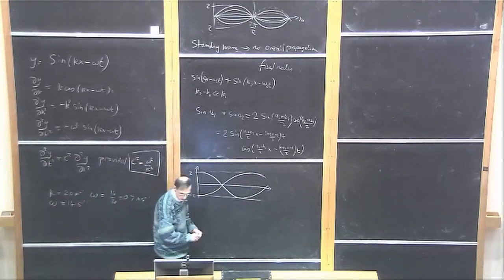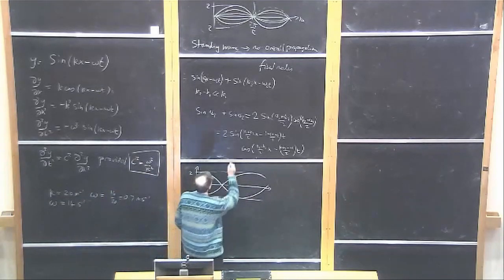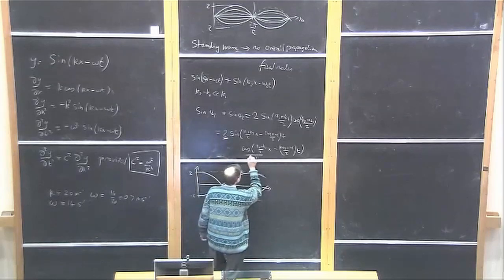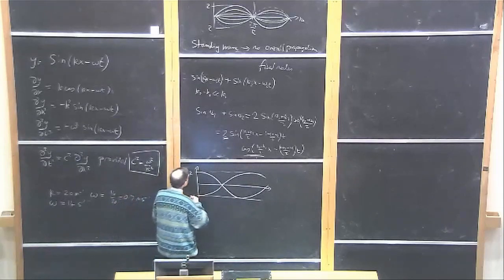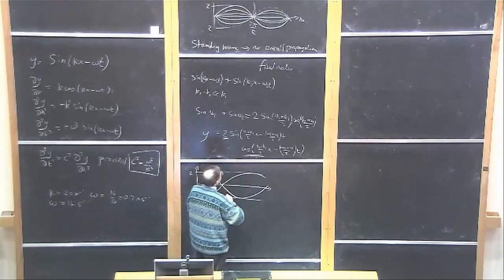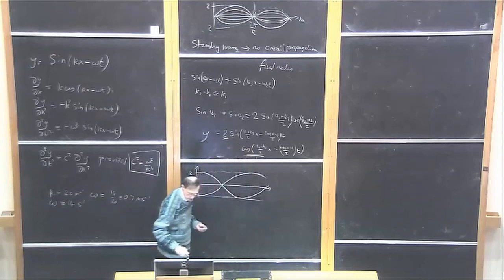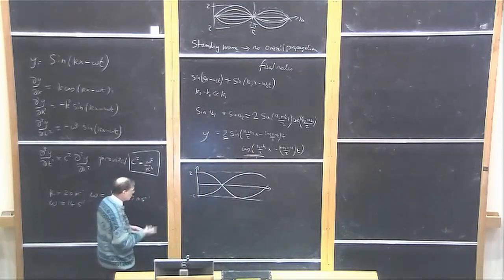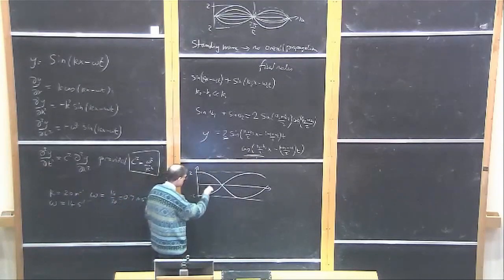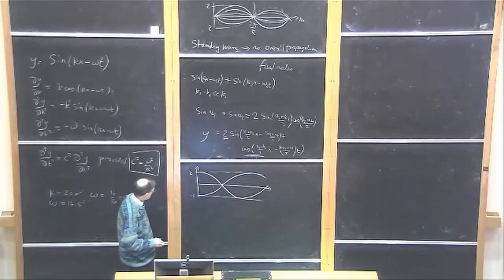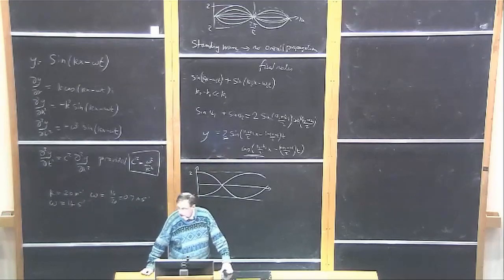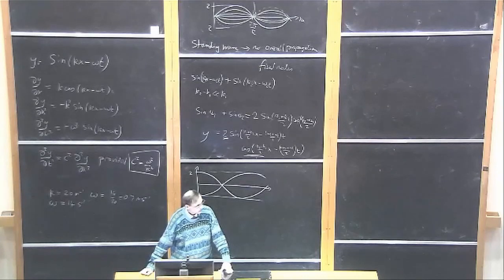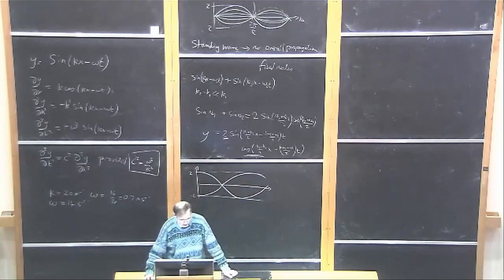So that's what I've just sketched, the 2 and the slow term there. The actual displacement, y, is given by that multiplied by this rapid sine function, which varies between plus or minus 1, and there it varies between the two limits on the graph. And so that produces a wave looking very much like the one on the plot.